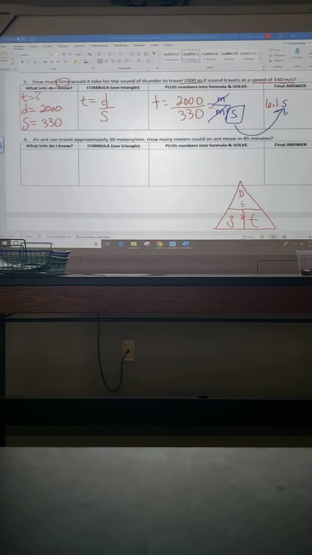An ant can travel approximately 30 meters per minute. How many meters could an ant move in 45 minutes? Okay, so let's see. Owen, what are we solving for here in number 4?